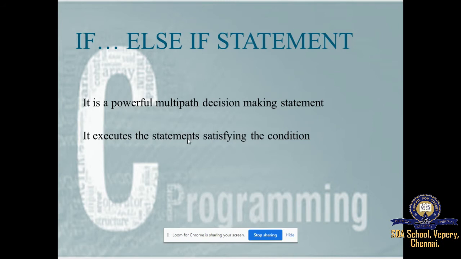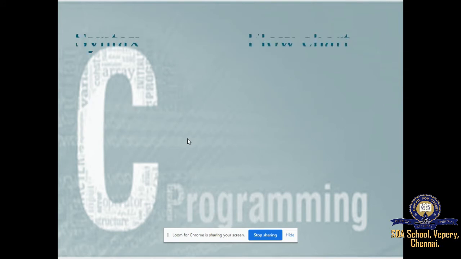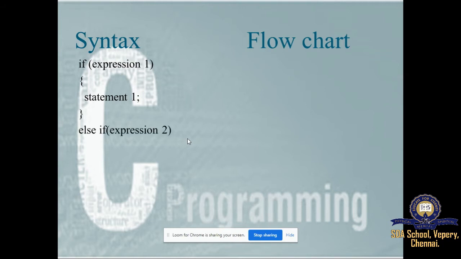So when you go for multiple checking options, then use an if else if statement. See the syntax. If the expression, then statement 1, else give again one more condition. If this is false, then it will go for the second condition and execute that statement, or else if both the conditions are false, then it will be executing the else statement.